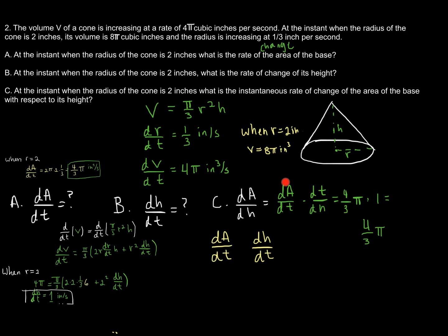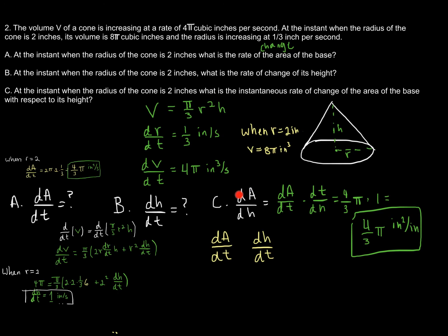So I'll end up with inches squared per inch, which is going to be the units of my rate of change. Inches squared per inch. And this corresponds to the rate of change that I sought, which was the rate of change of the area, inches squared, per the change in the height, or per inch. And you think of this per inch as per inch change in the height of the cone.